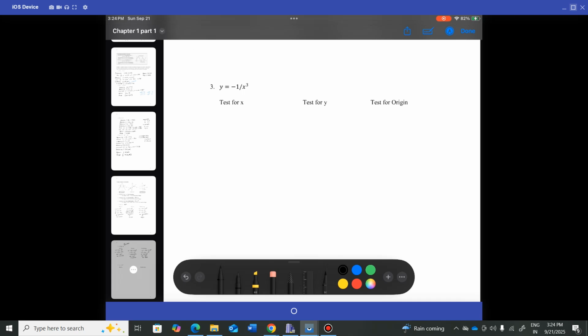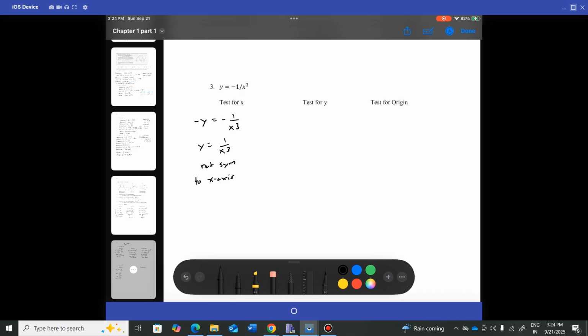So first we'll start with the first one. Let y be negative, and so you end up with 1 over x cubed. Not the same thing, so not symmetrical to the x-axis.